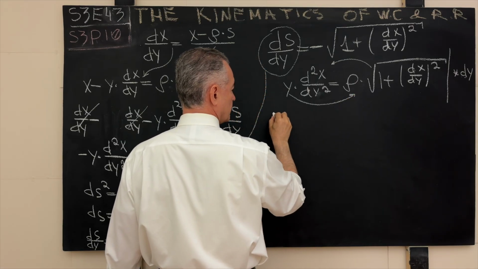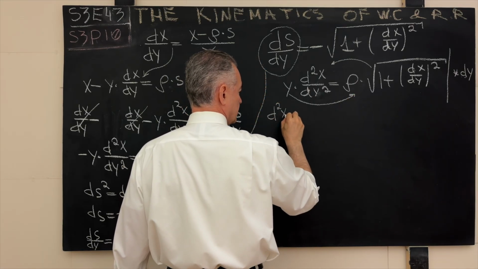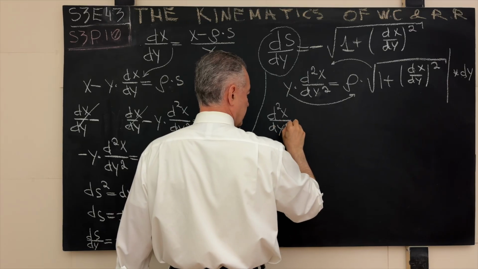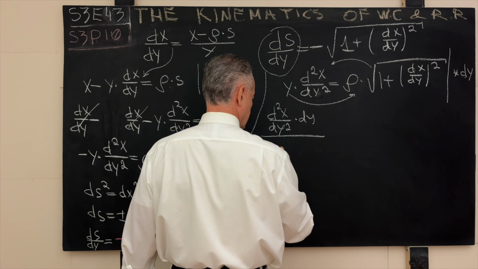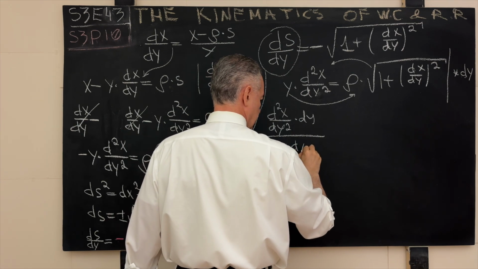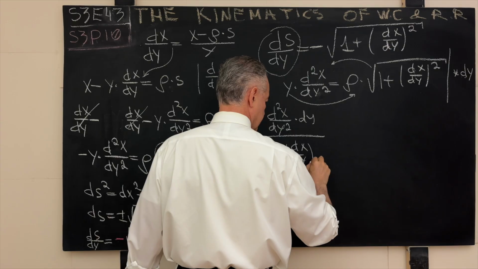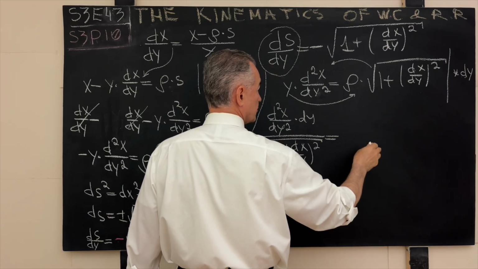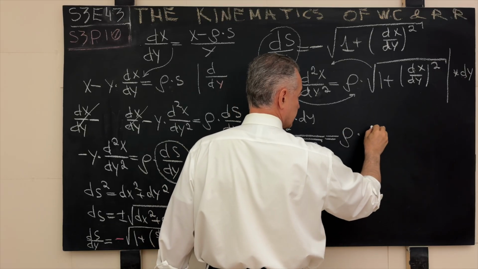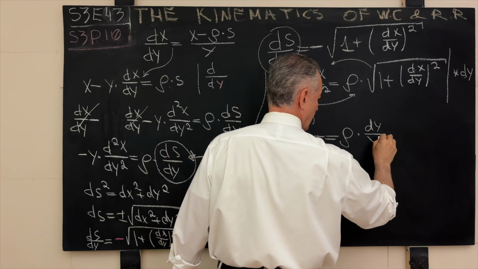So what do we have? We have d2x over dy squared times dy divided by the square root of 1 plus (dx over dy) squared. And on the right-hand side over here, what do we have? We have rho times dy over y.